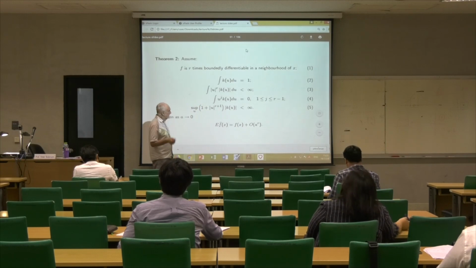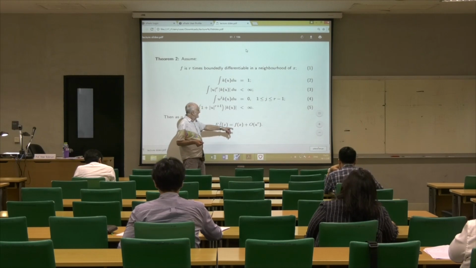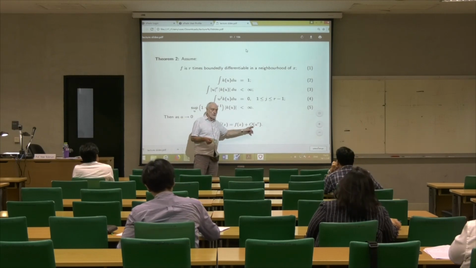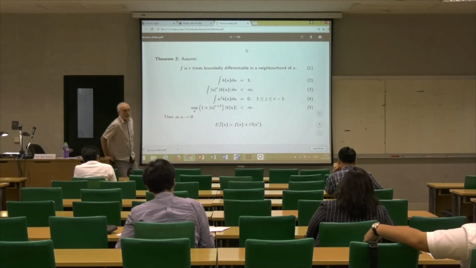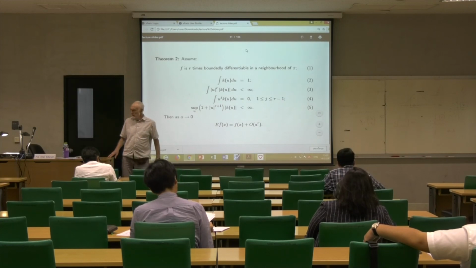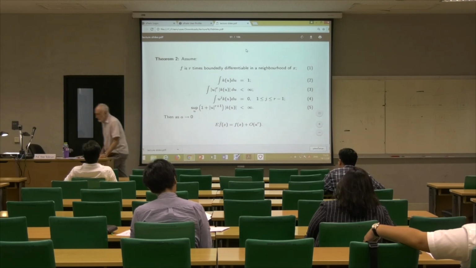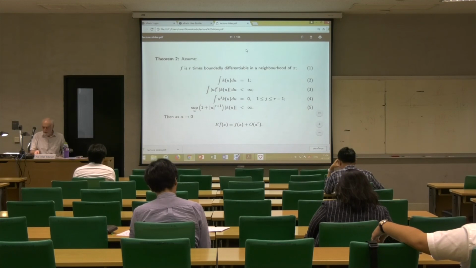We'll discuss these conditions more, but it turns out that as a goes to 0, the expectation of f hat x is f of x plus something of order of magnitude a to the r. I should define what I mean by an order of magnitude, just to be on the safe side.